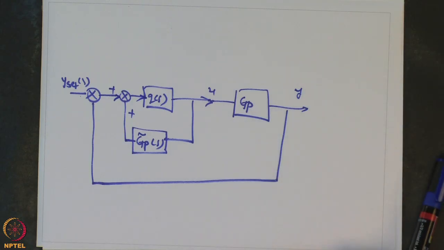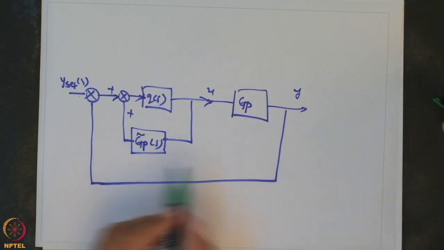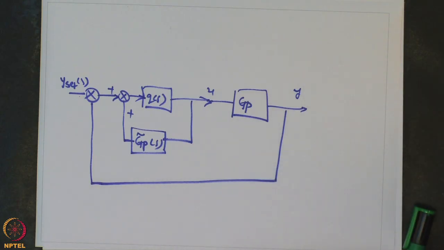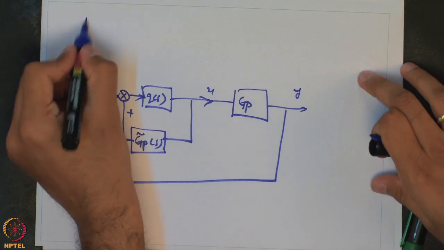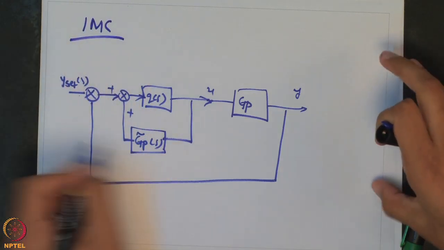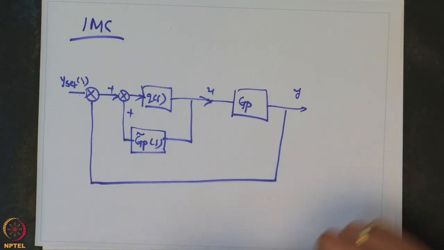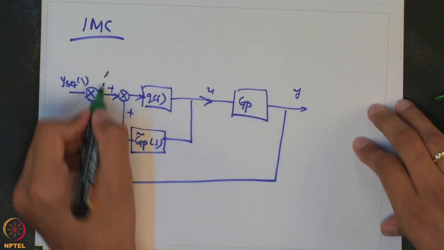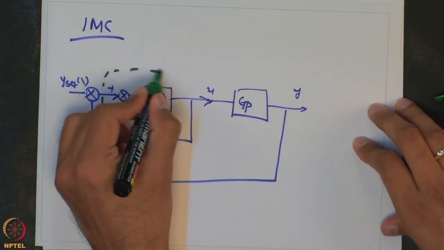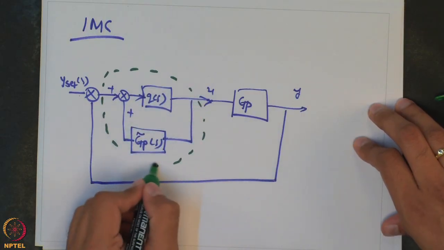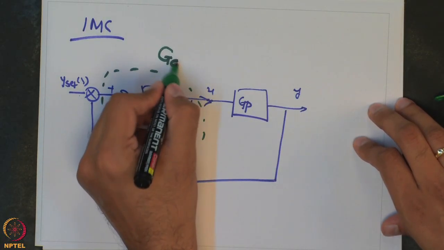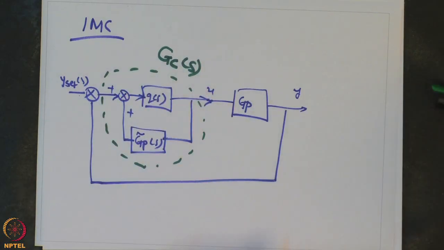Can you notice something here? What we have done is, this is equivalent to IMC. As I showed earlier, this is still IMC. The only thing is I have rearranged the block diagram without changing the output, and if you look at this, this is actually the controller transfer function which we were using earlier.